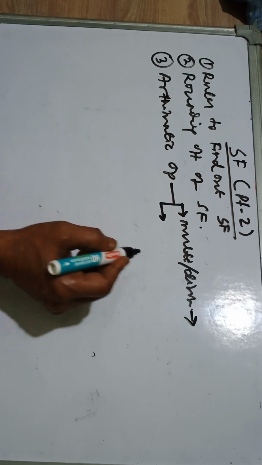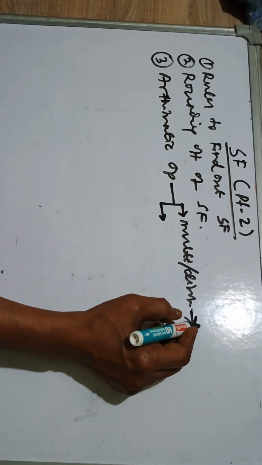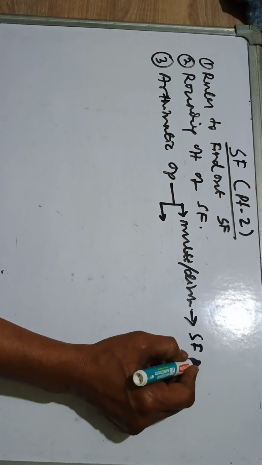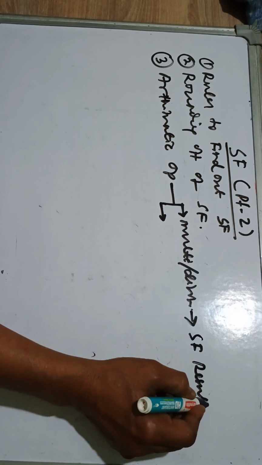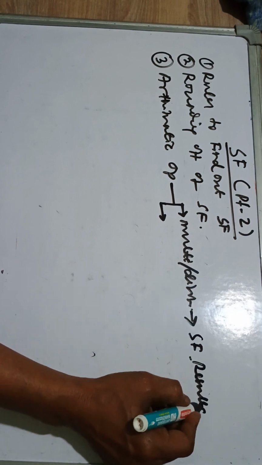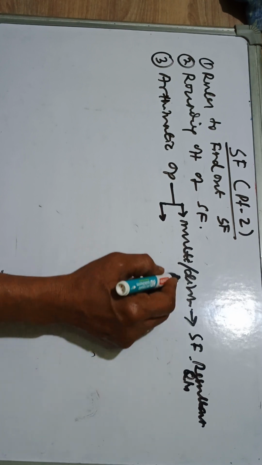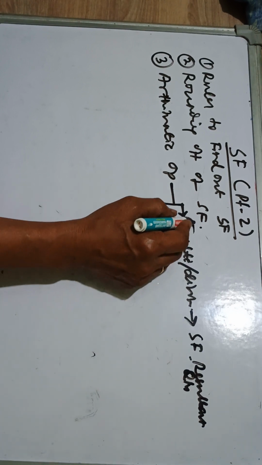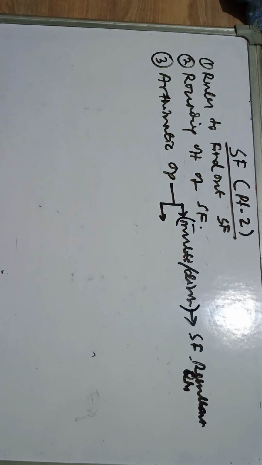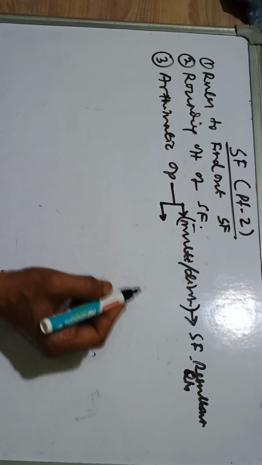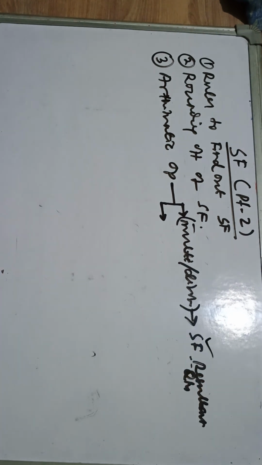That means, as you have already studied, to get the significant figure of a resultant quantity that is a multiplication or division of two different quantities: if we have significant figures for the individual quantities, then we can find the significant figure of the resultant quantity.